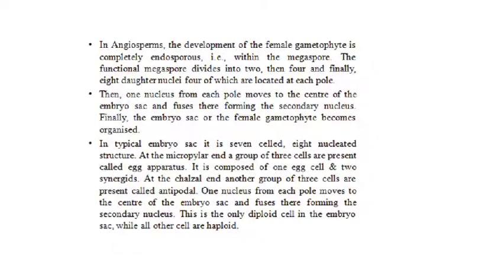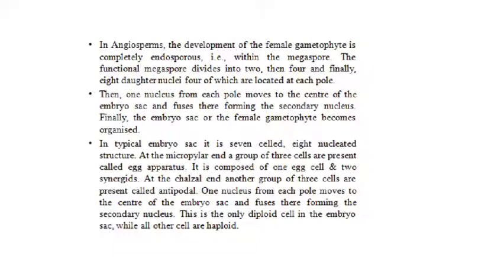At the micropylar end, a group of 3 cells is present, called the egg apparatus. It is composed of one egg cell and 2 synergids. At the chalazal end, another group of 3 cells is present, called antipodal cells. One nucleus from each pole moves to the center of the embryo sac and they fuse, forming the secondary nucleus.